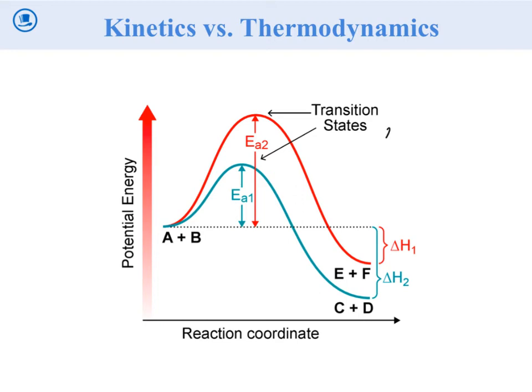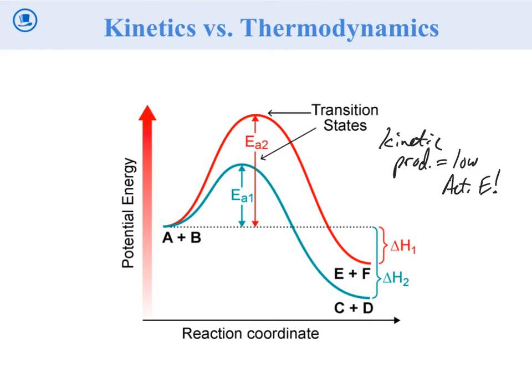So what is the kinetic product? That's the product that came from the lowest activation energy. It has nothing to do with whether or not that's the most stable product.